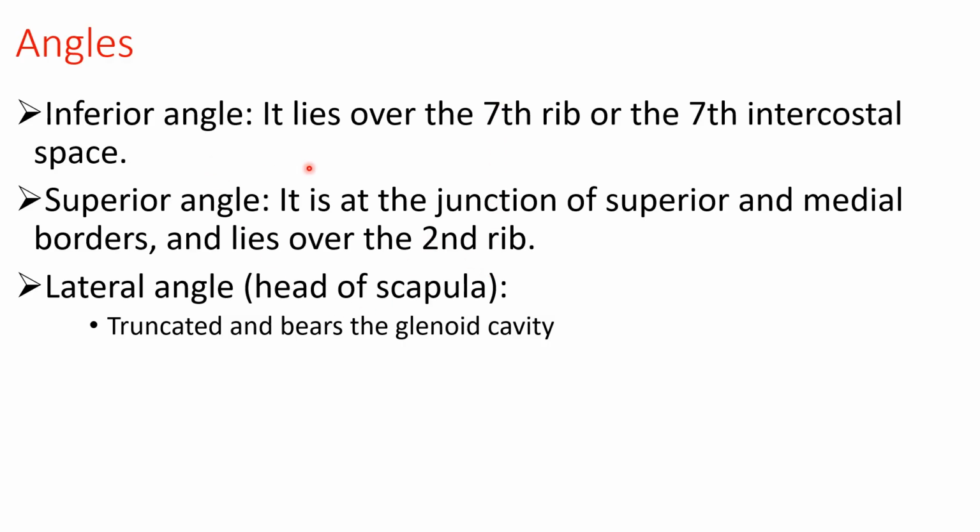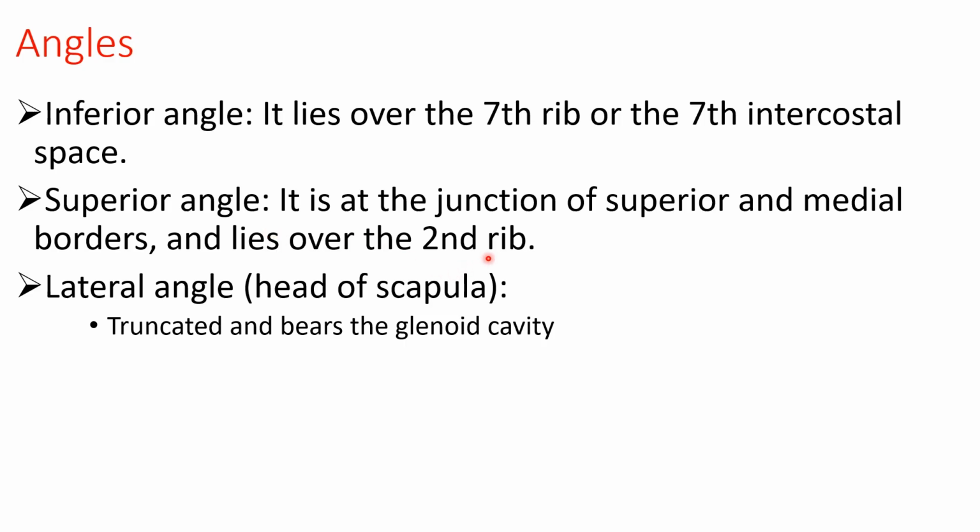So the inferior angle, the inferiormost part of the scapula, lies over the seventh rib or the seventh intercostal space. And the superior angle is at the junction of the superior and medial borders and lies over the second rib. So this explains why we said that the scapular bone lies between the second and the seventh rib.